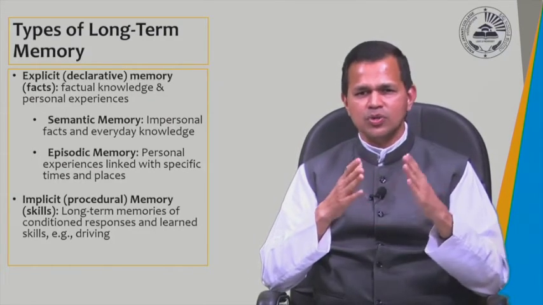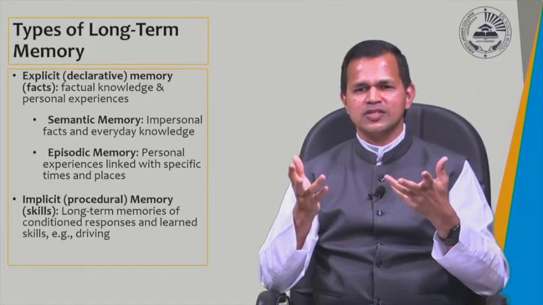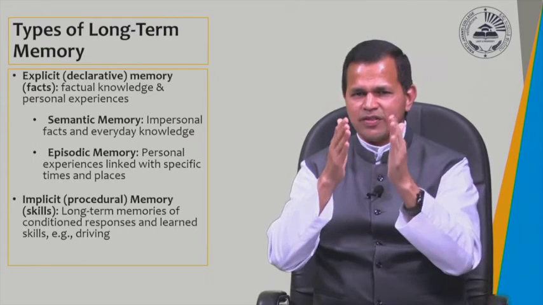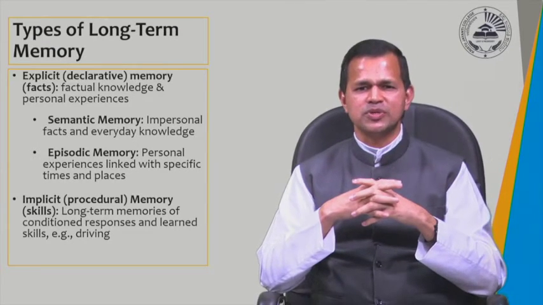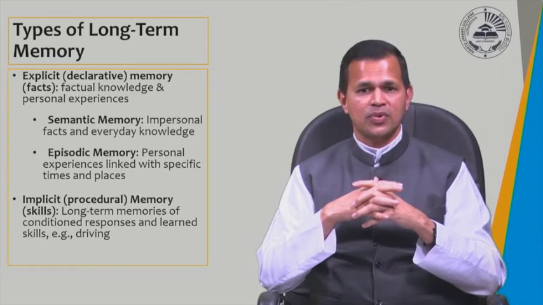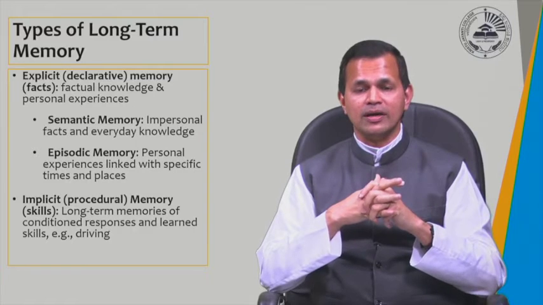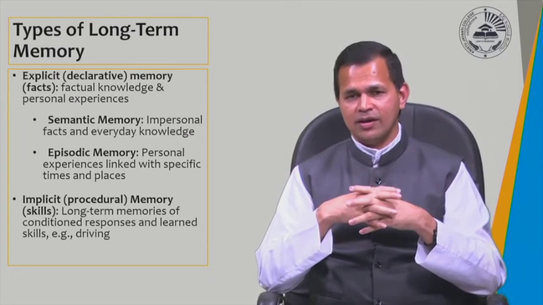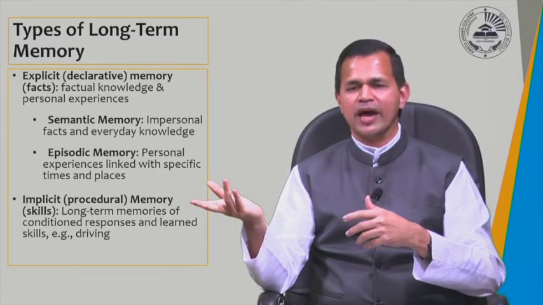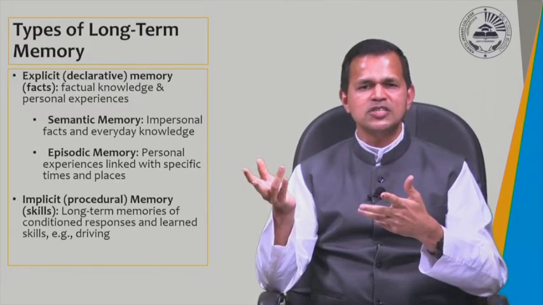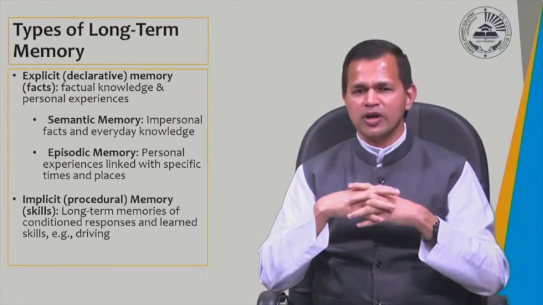Semantic memory, which is a part of explicit memory, covers impersonal facts and everyday knowledge. Episodic memory is a personal experience linked with specific times and places. For example, my last birthday party, someone who got married, or my brother's wedding anniversary that I attended. Any event, an episode that happened, is episodic memory.